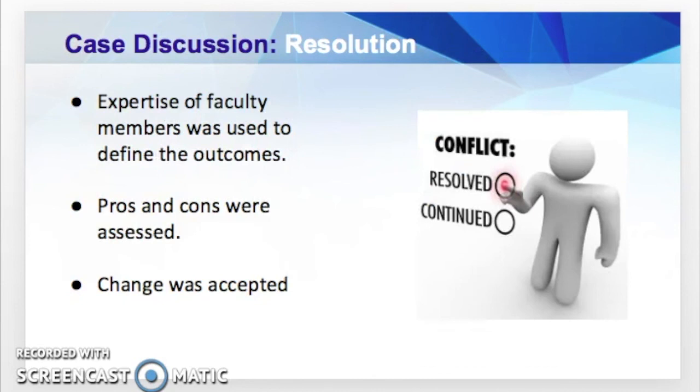A resolution, in order to establish strategies to prevent those obstacles, was that the expertise of faculty members was used to define the outcomes, pros and cons were assessed, and the faculty members and employees accepted the change.